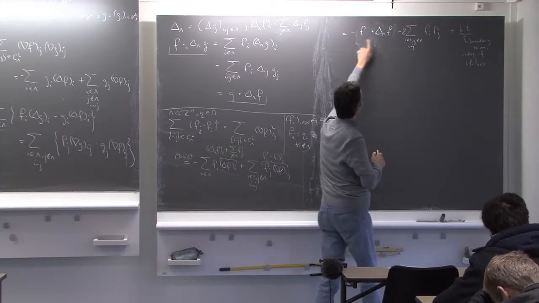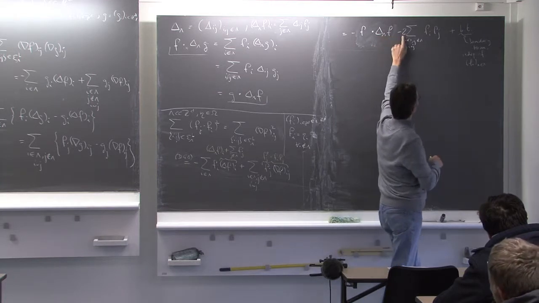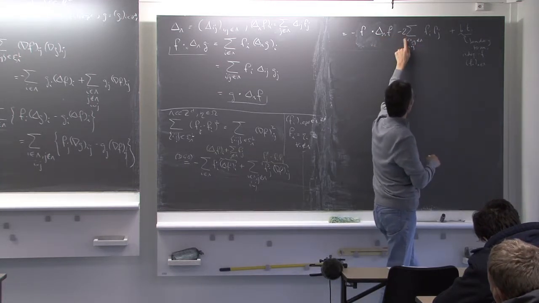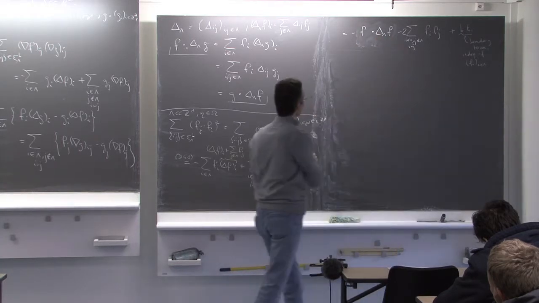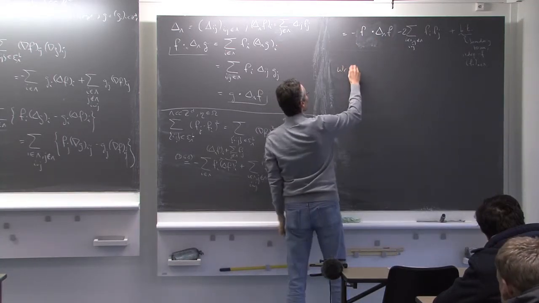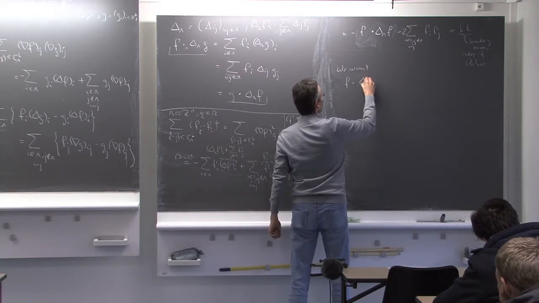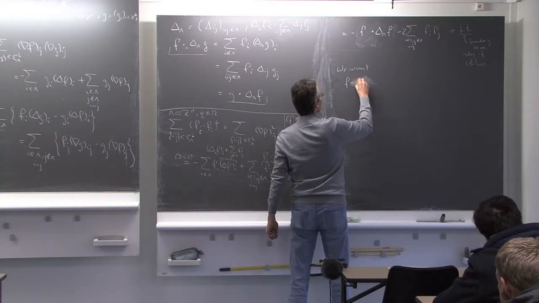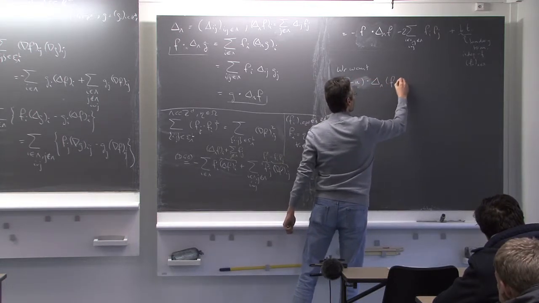What I want is not f, some matrix times f, plus some mess. I would like to have f minus something, times the matrix, times f minus something. So I want to rewrite it. We want something of the form f minus u, times the matrix, times f minus u. That's what we would like to have.